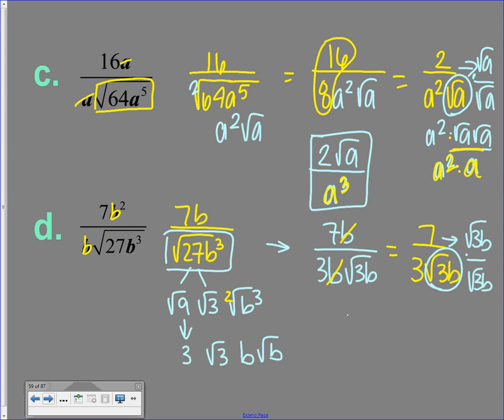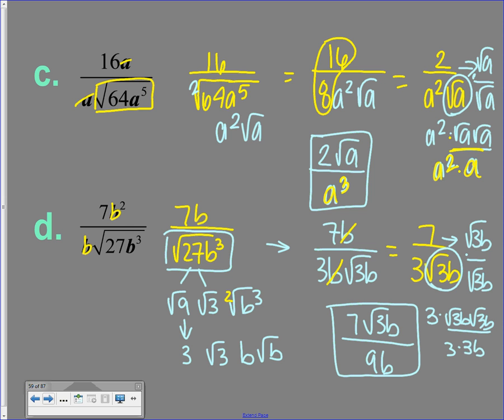So I have 7 times the square root of 3b over, again, be careful down here, write it out if you need to, 3 times the square root of 3b times the square root of 3b. Well, that part gives me 3b. I still had a 3, so this is over 9b. Okay, so 7 times the square root of 3b all over 9b is my final answer.